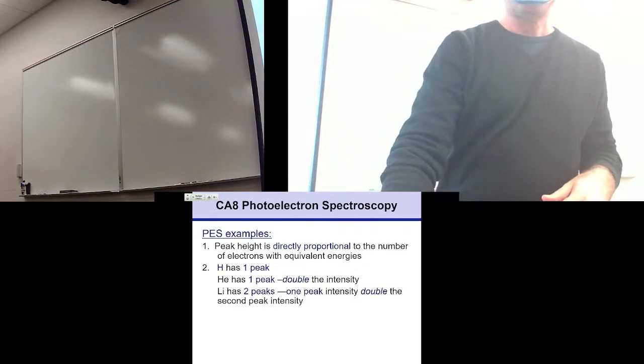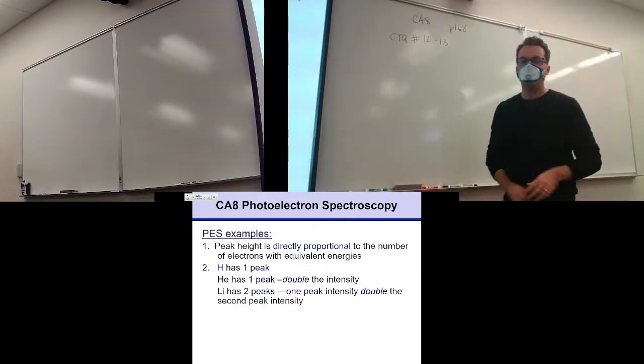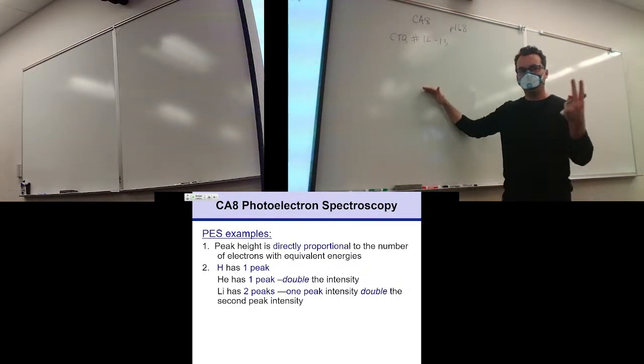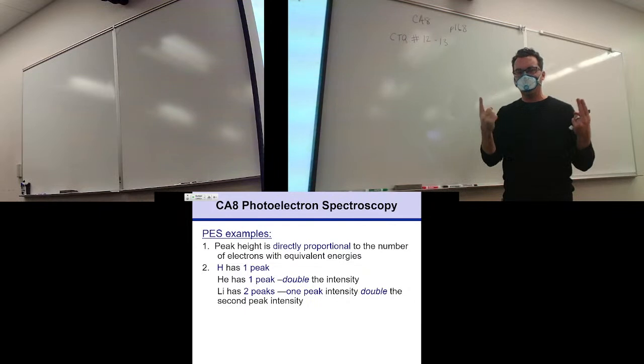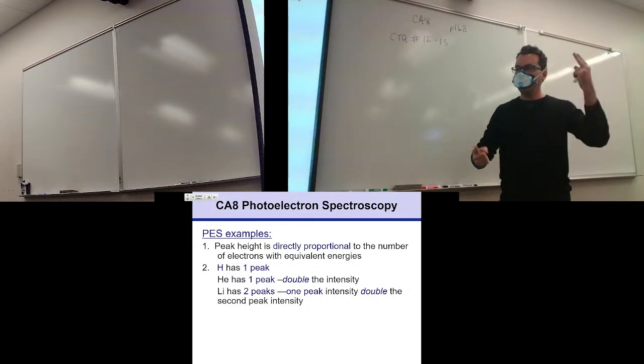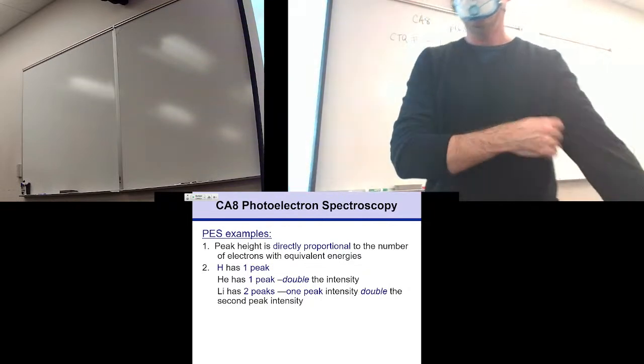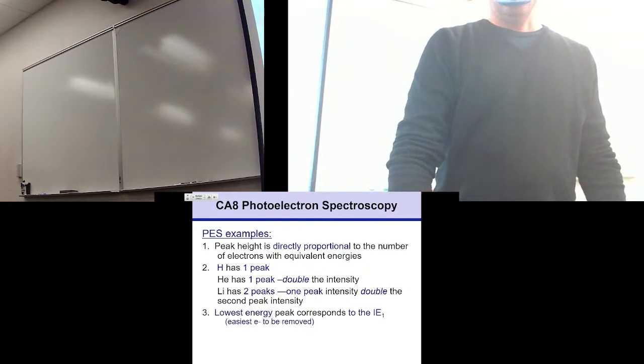So, what would lithium look like? Well, lithium would have two peaks. Shell 1 will have 2 electrons in it. Shell 2 is going to have 1 electron in it. So we should see one peak that's twice as tall as the other one.